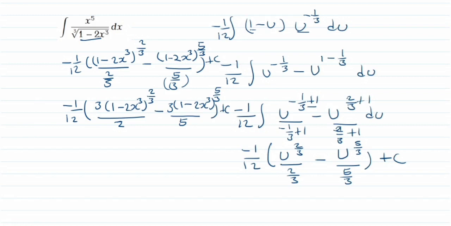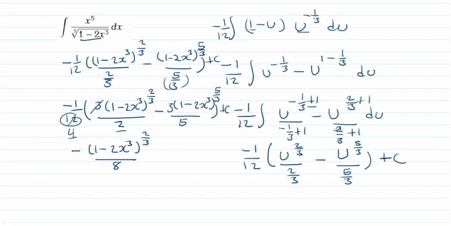Having written this, we can multiply our 1 over 12 throughout. So we're going to have 1 over 12, or in fact we can simplify here 3 and 3, here we have a 4, then this 4 multiplied by 2 here we have 8. So we're going to have negative 1 minus 2x to the power 3, to the power 2 over 3, then everything over 8.